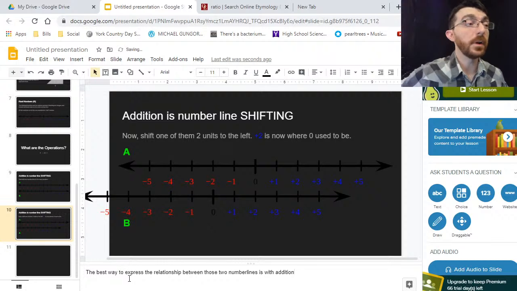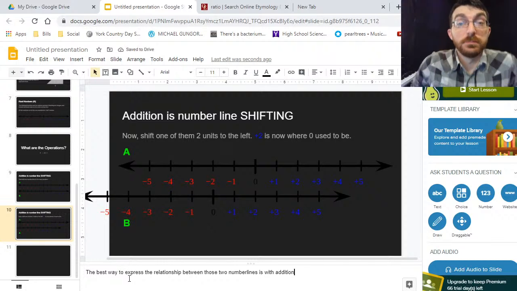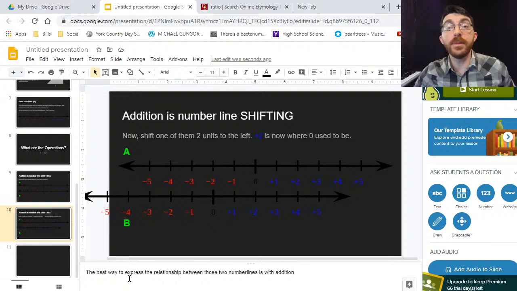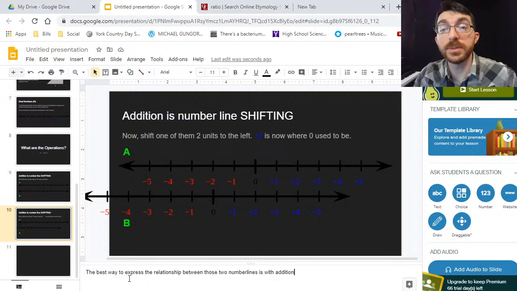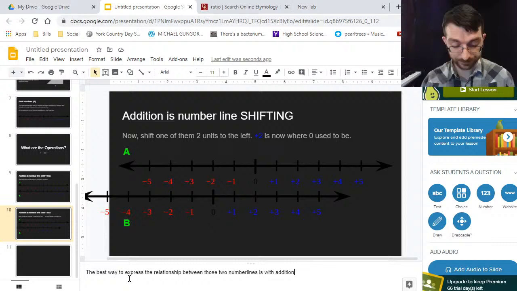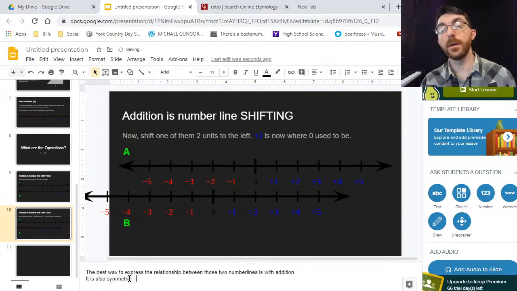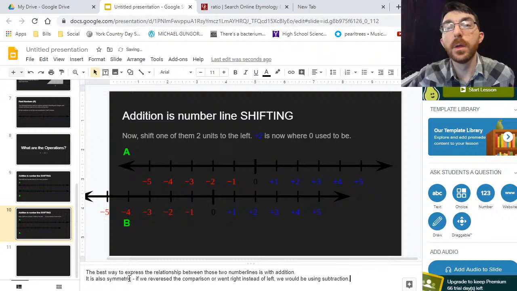Not only that, but this is a great way of expressing domain and range in terms of functions, as in A would be the domain, B would be the range. Best way to express relationship between those two number lines is with addition. It is also symmetric if we reverse the comparison or went right instead of left, we would be using subtraction.